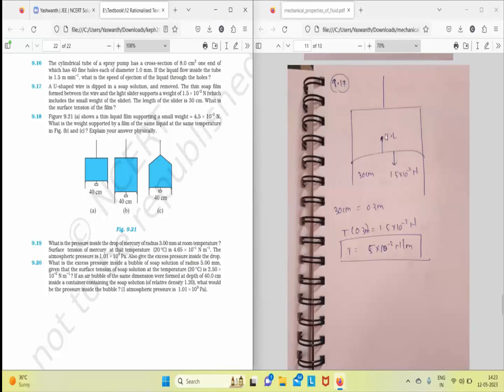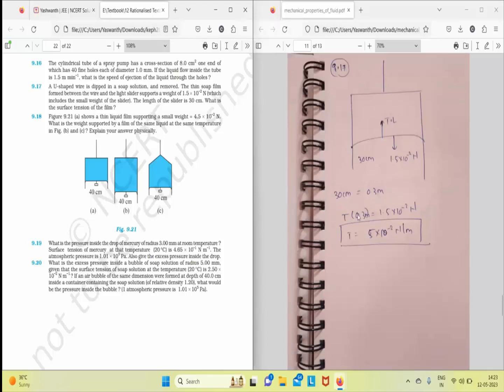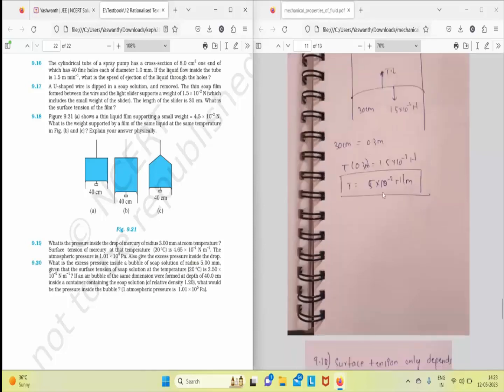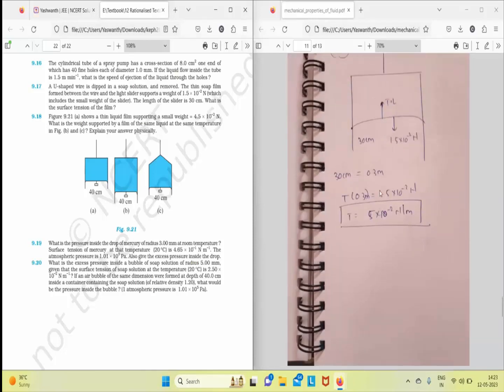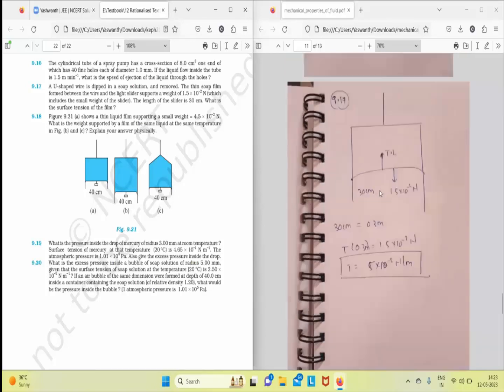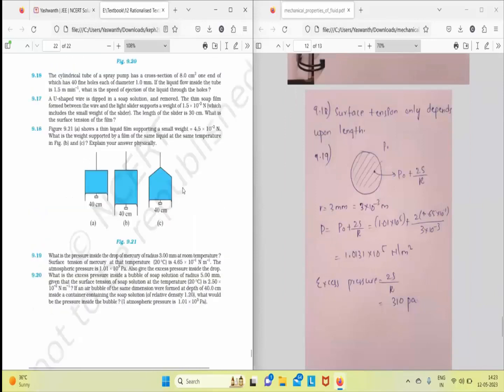So an upward force equal to T into L will be acting on this, and at the same time a downward force of 1.5 into 10 power minus 2 Newton is acting on it. Since it is in equilibrium, both forces should be equal. So T into L, that is 30 centimeters, which is 0.3 meters, should be equal to 1.5 into 10 power minus 2 Newton. So using this, we get surface tension as 5 into 10 power minus 2 Newton per meter. And going to the next question.